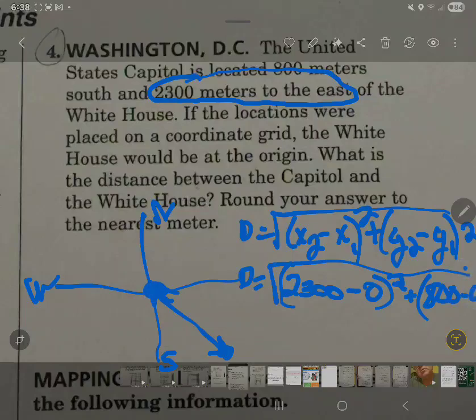It's 0. So D equals 2,300 minus 0, which is just 2,300, and we have to square that, because don't forget about that little squared. Plus, what is 800 minus 0 squared? Well, it's just 800, and then squared.